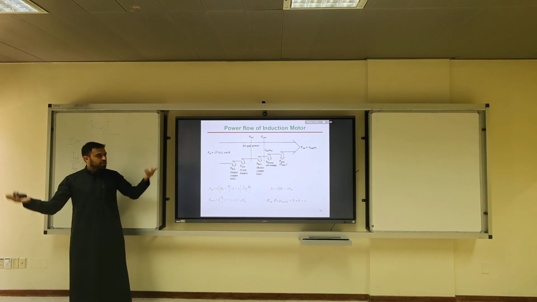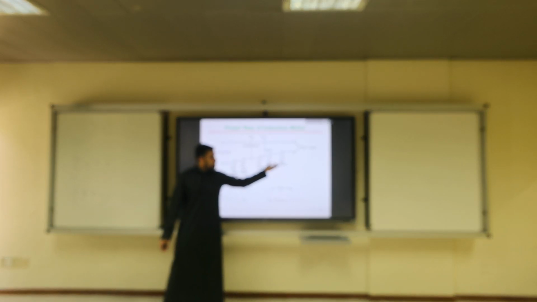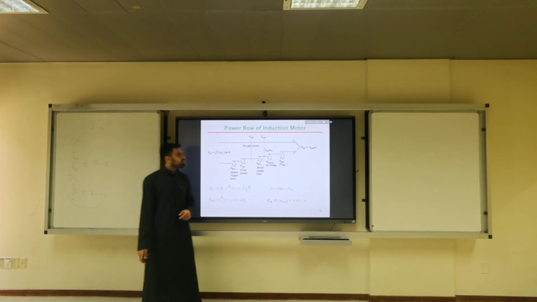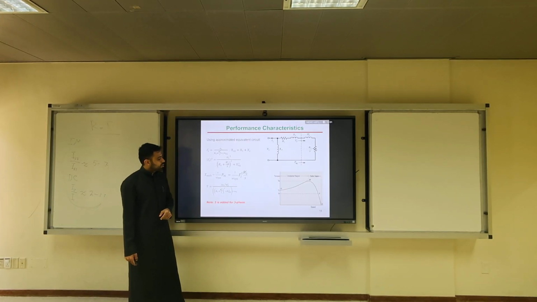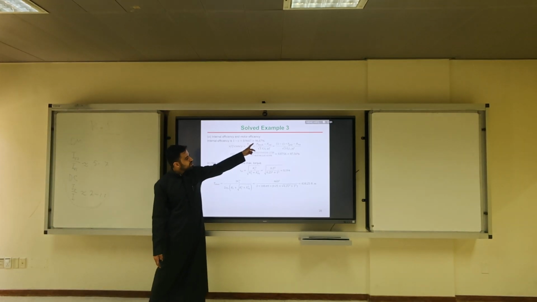It's just 1 minus S, because usually core losses are not much, but rotor loss is somehow significant many of the time. So the internal efficiency of your machine is 1 minus the slip, which is 96%.